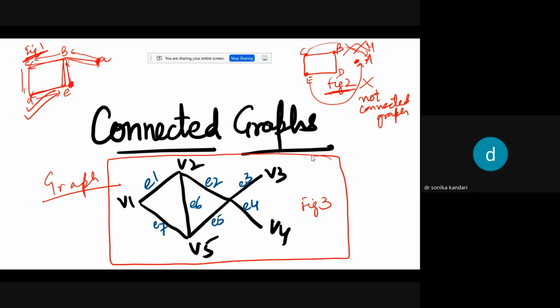Why? See, there is a path to any vertex. Let us take vertex V1. From V1 we can move to V2, from V1 we can move to V4, from V1 we can move to V3. Is it clear? It means from any vertex we have a path to any other vertex of the graph. So this is an example of a connected graph.